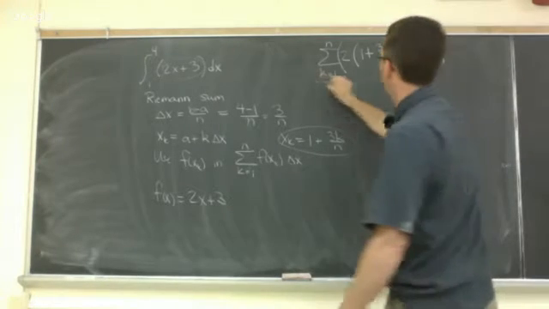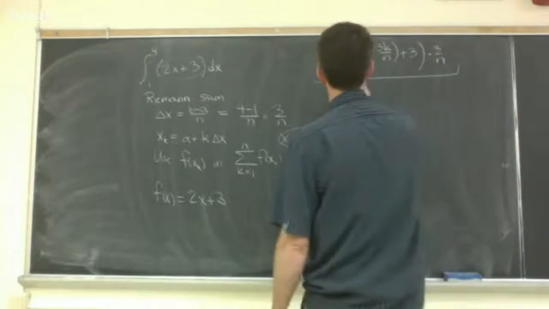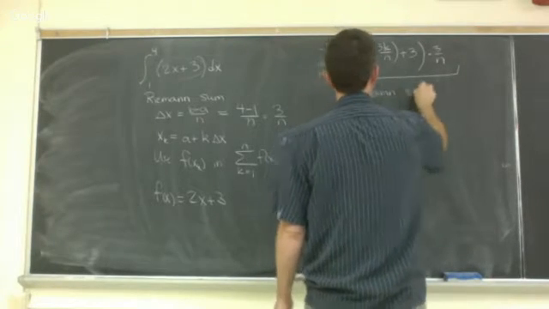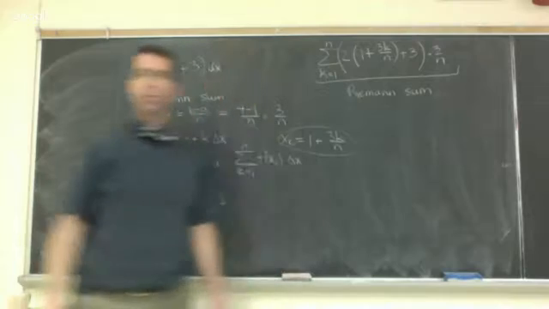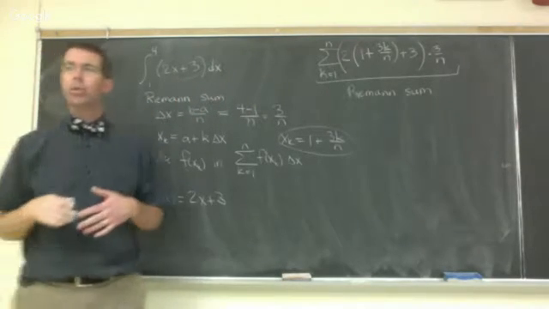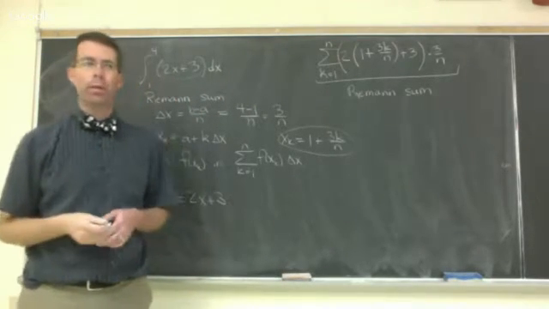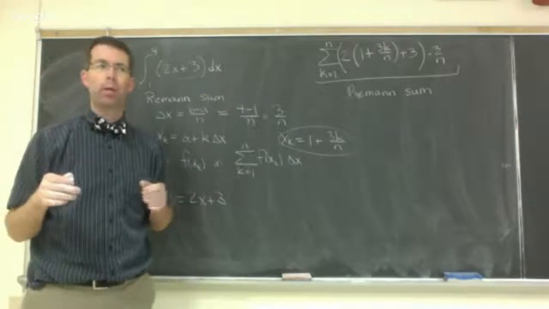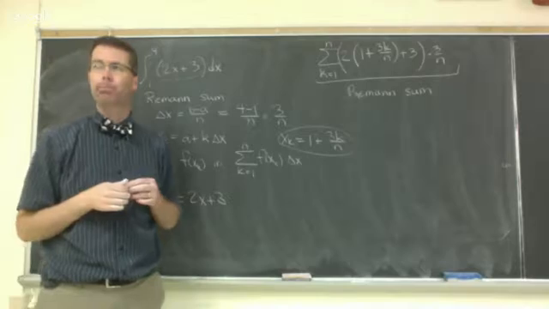So this is the Riemann sum. If I ask you to find the value of the Riemann sum, then I want you to actually expand it like we did on the previous problem and get a formula in n.